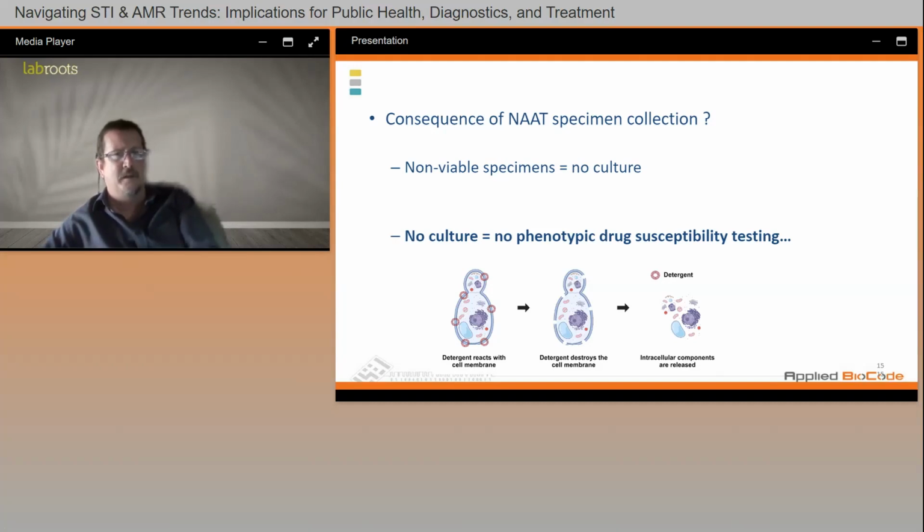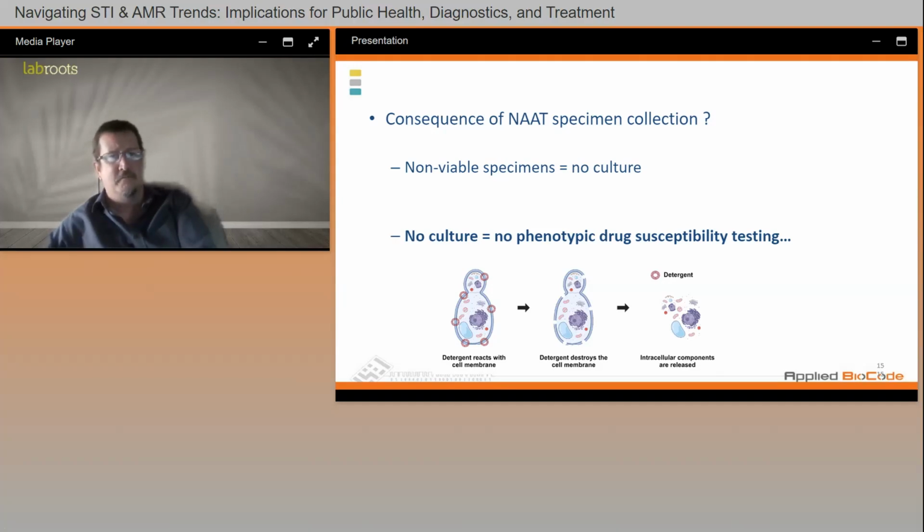This is critical because I told you earlier that molecular tests are really powerful because we can describe them through molecular means, like looking at drug resistance. But now I'm telling you that we can't do drug susceptibility testing because we're using a NAT. It sounds counterintuitive, but what I'm really saying is that because when we run a NAT test we're killing the organism, we need to look at drug susceptibility through a nucleic acid-based lens.